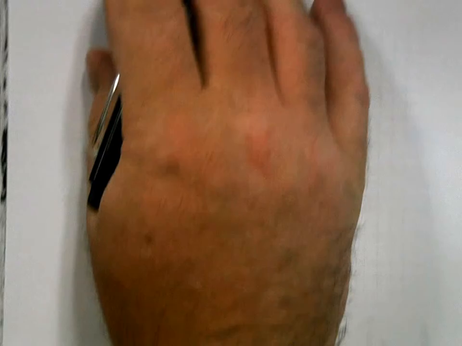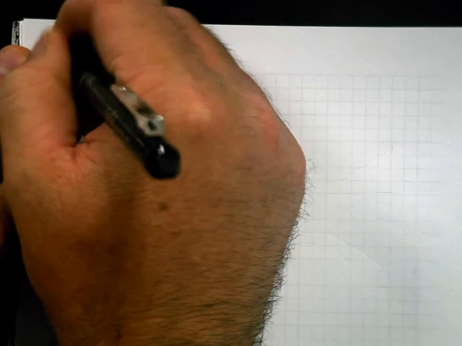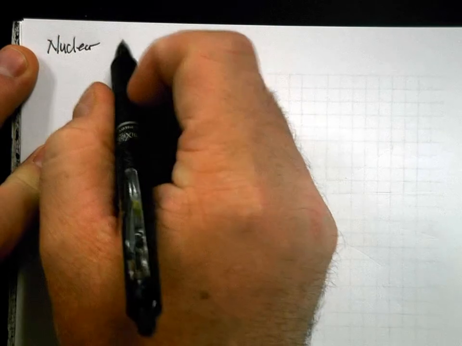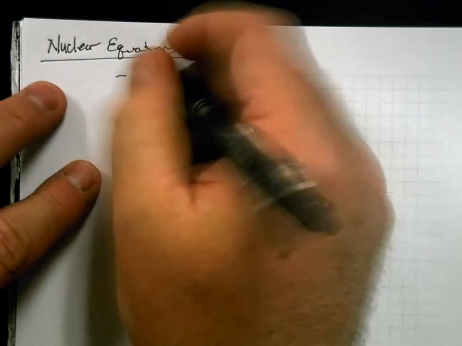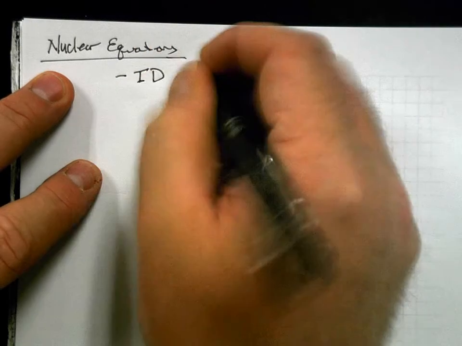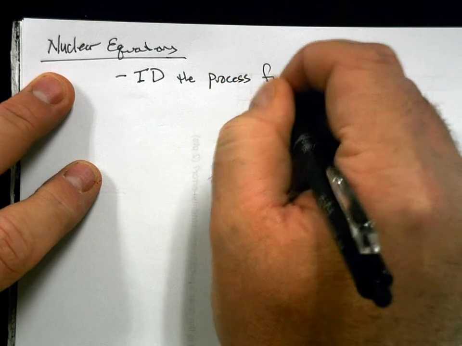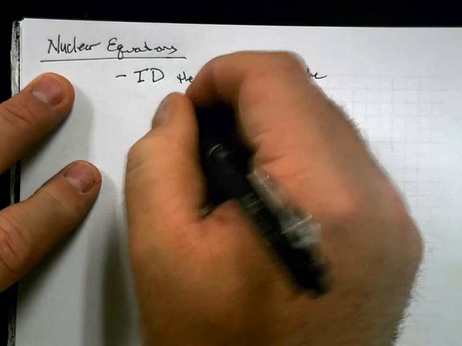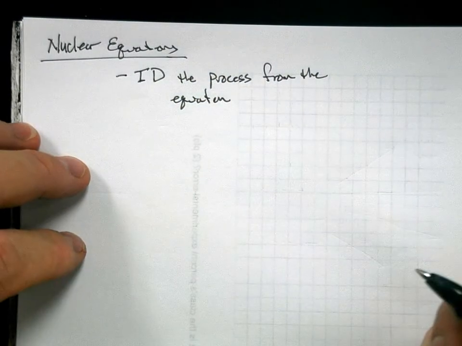So, we now need to go over our nuclear equations because we have 5 processes that we need to be aware of. You need to be able to identify the process from the equation.